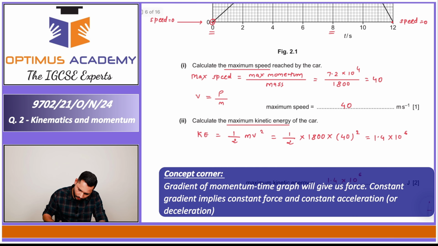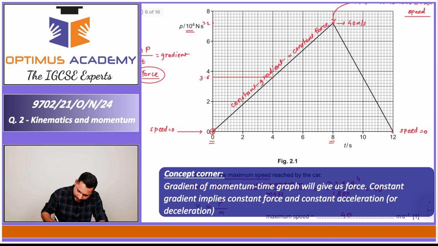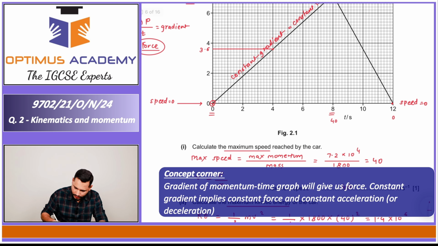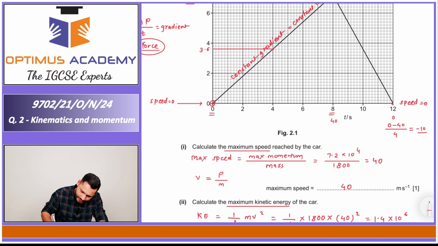Now, what's happening after 8 to 12 seconds? At 8 seconds, the speed is 40. At 12th second, the speed is 0. So, it is actually deceleration. We can write 0 minus 40 upon time, that is 4 seconds, between 8 to 12, it will be minus 10. So between 8 to 12 seconds, the object is decelerating. Deceleration is negative acceleration.